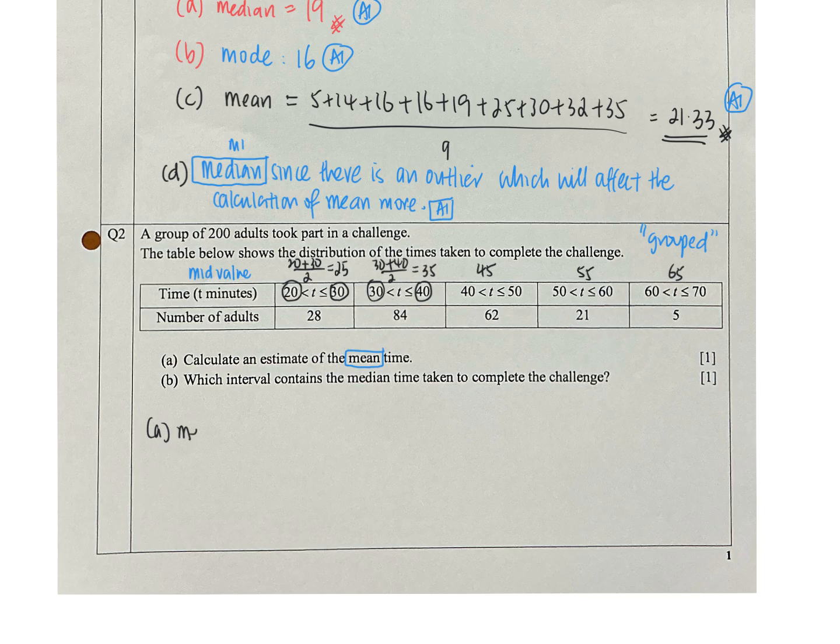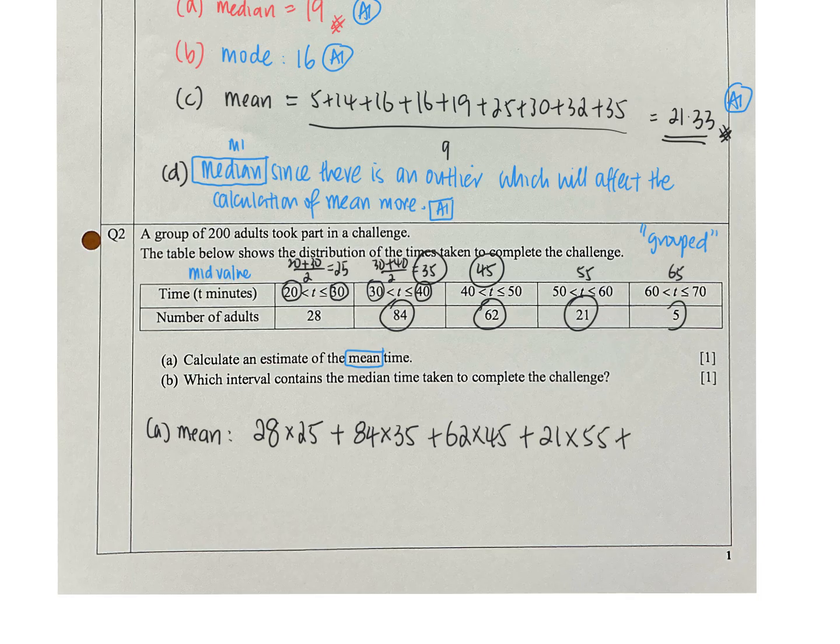So for the mean, I need to total up because I have 28 of them spending 25 minutes on each challenge. I have 84 of them spending 35 minutes on each challenge. 62 of them spending 45 minutes on the challenge. 21 of them 55 minutes and 5 of them 65 minutes.